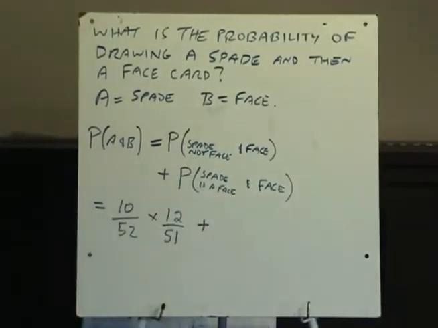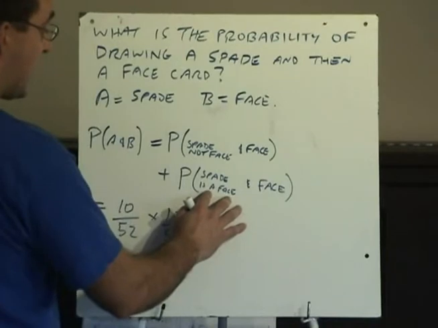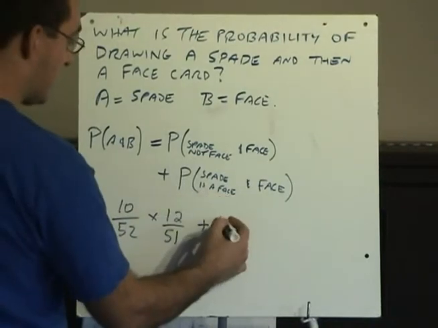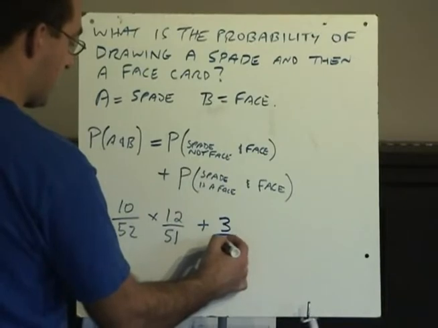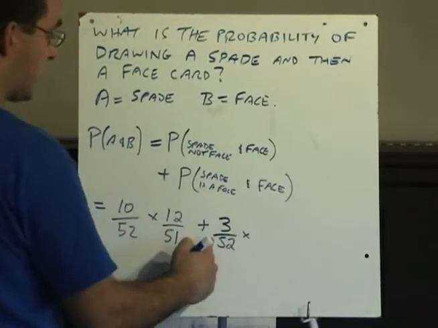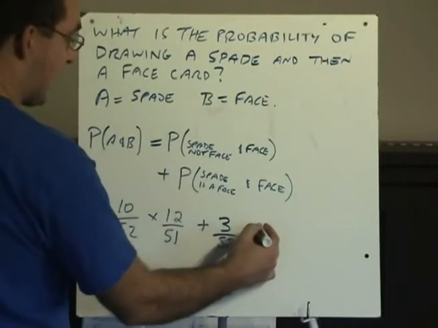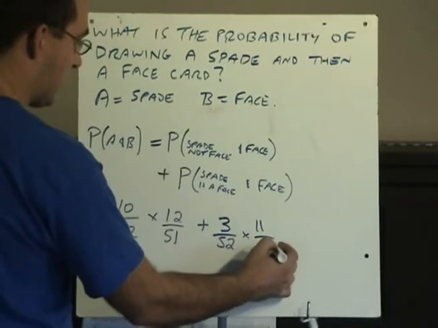Plus, now let's assume that there was a spade, and that spade was a face card. Well, there's where the king, queen, or the jack are coming in. So 3 out of 52, assuming the first card was a face card. And now the probability of drawing a face card would be 11 out of 51.